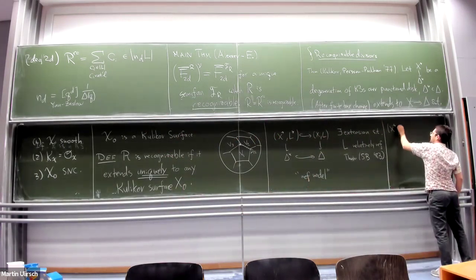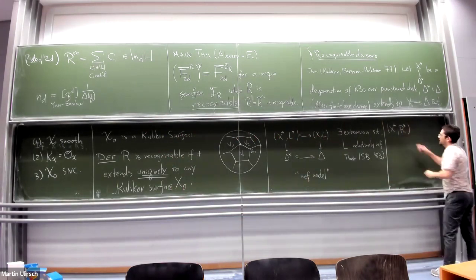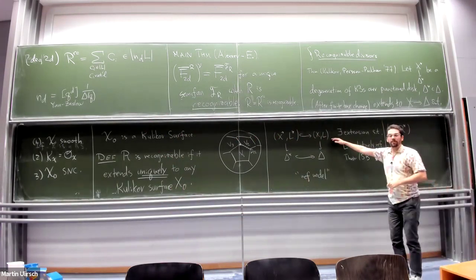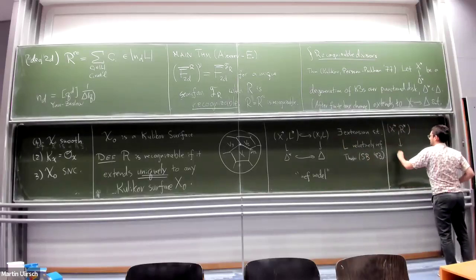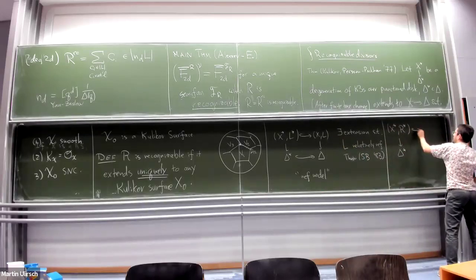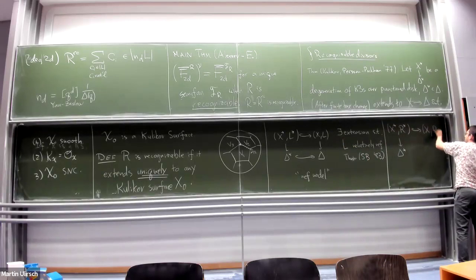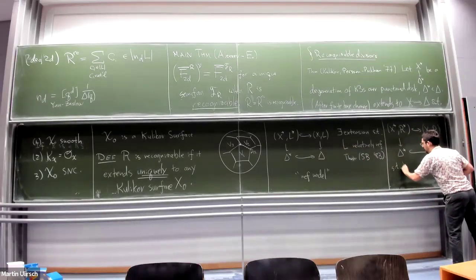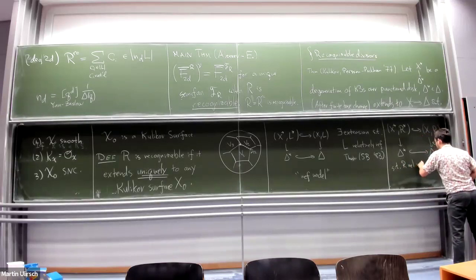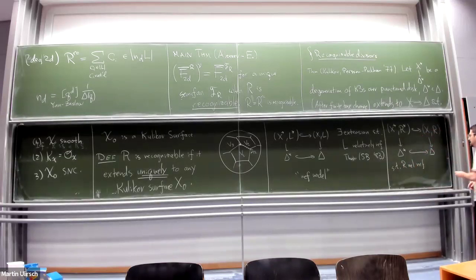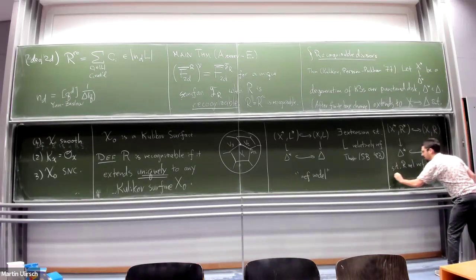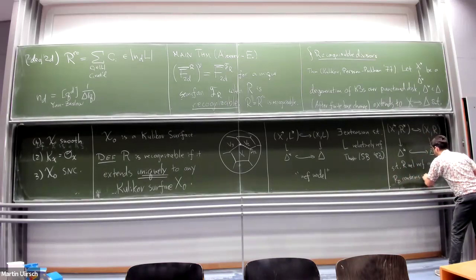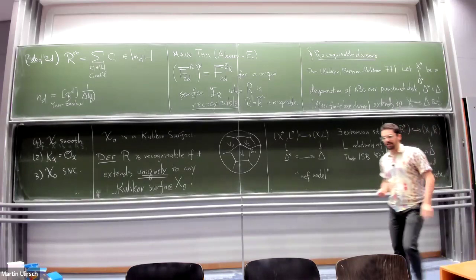If I have X star, R star, where now these are nef divisors instead of just nef line bundles over the punctured disk, then I can extend it to X, R over the disk such that R is relatively nef. That's the first condition, and furthermore, this R naught contains no strata of the singular stratification of the central fiber.